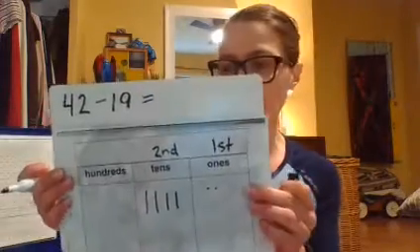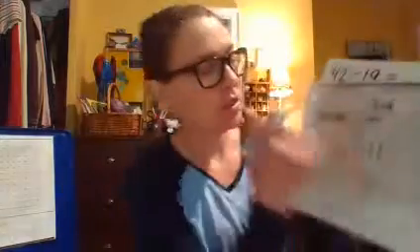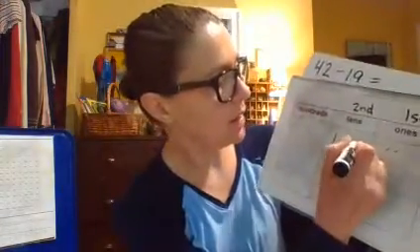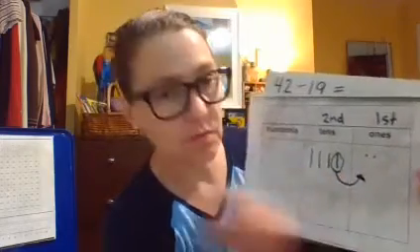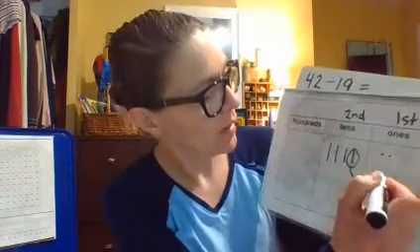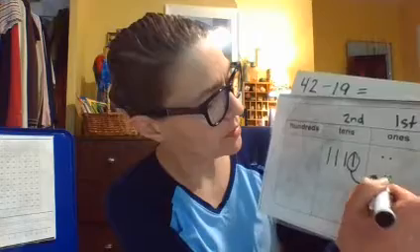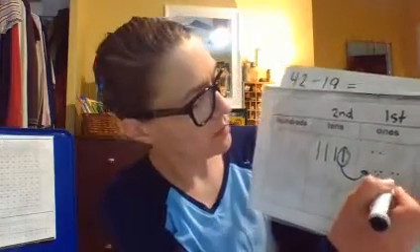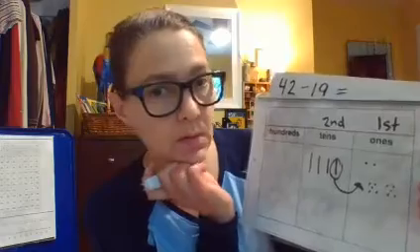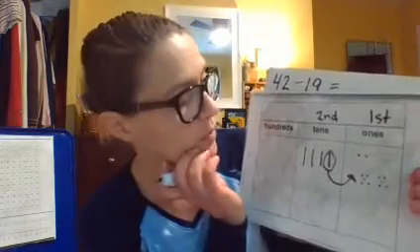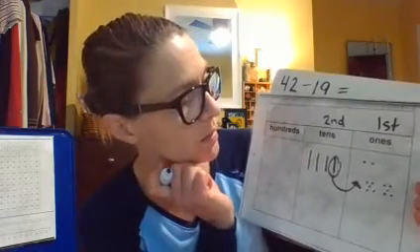So I need to make an exchange. I'm going to take this 10 and move it into the ones column. When I do that, I'm going to break it up into ones. 5 plus 5 equals 10. I positioned it like that so it's easier for me to read quickly.